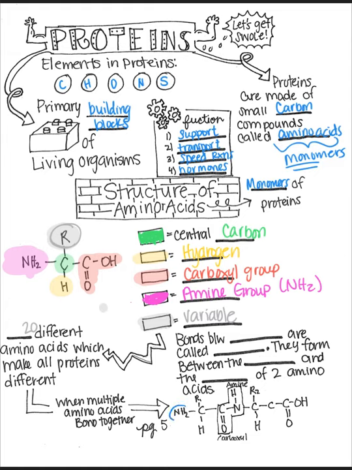And you can see here we have that amine group on the other side here, that NH right here, actually combines to create the bond between two amino acids, which we call a polypeptide chain.